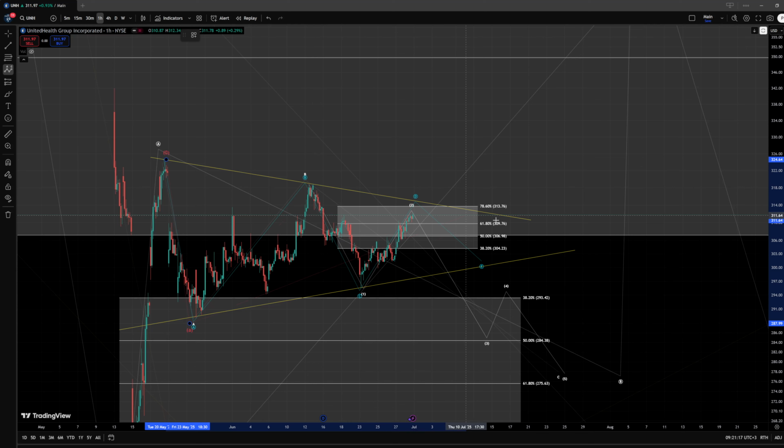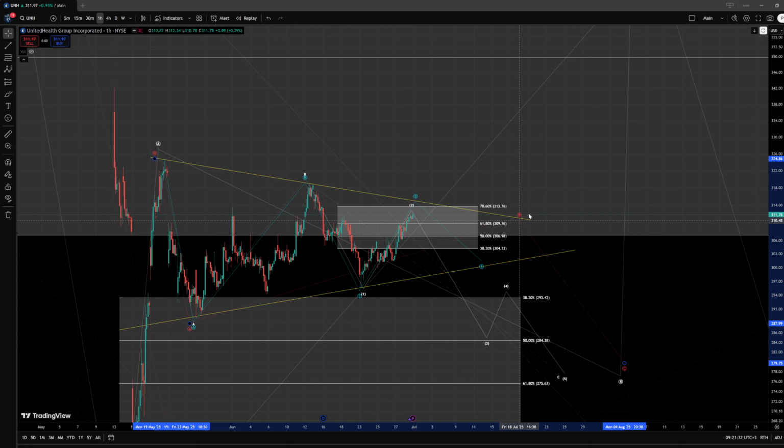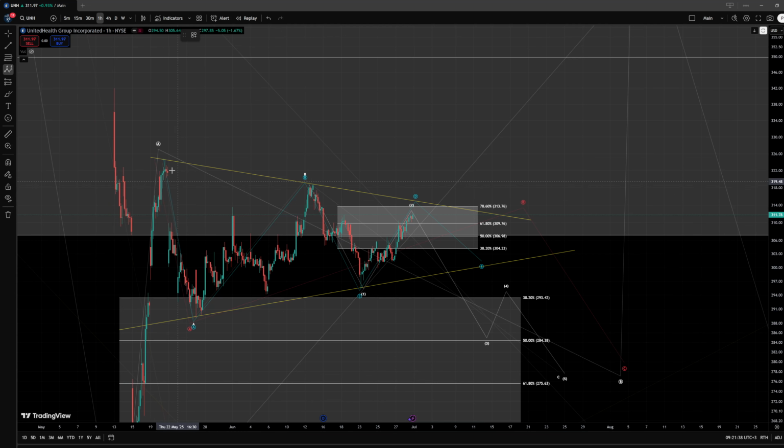A, B, C, and I will actually leave it in red. And let me make it to scale. And within this B wave in red, we would have the other Elliott wave triangle, where the triangle instead starts here at the bottom where the B wave starts and the A wave ends.